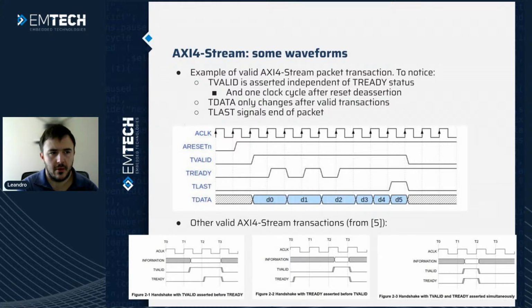To notice in the waveform, you can see that, first of all, TVALID, in this case, is asserted independently of TREADY. It's also not asserted during the reset or the following cycle after the reset deassertion.